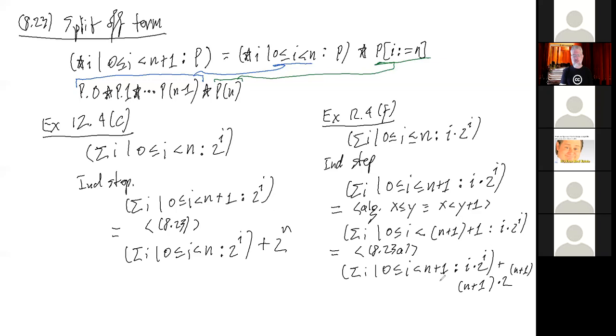The range doesn't change. I'm not sure I understand which range we are talking about. Oh, wait, never mind, it does. So it changes from being less than or equal to n plus 1 to less than n plus 1.